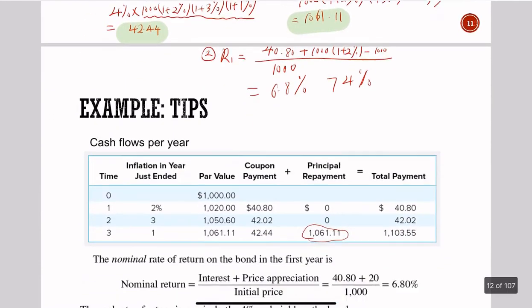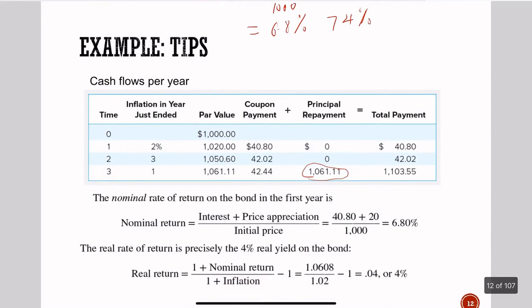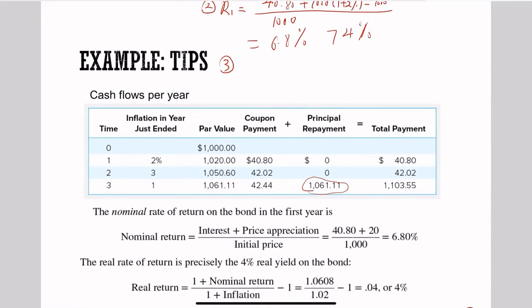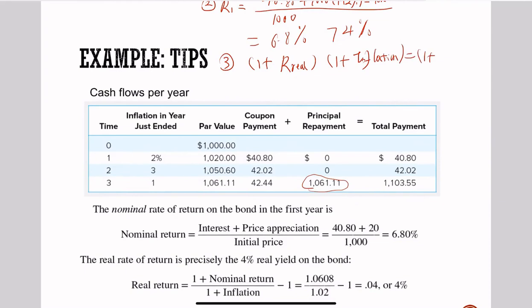So now let's think about how we could calculate the real rate of return. A simple formula for calculating real return is 1 plus real return times 1 plus inflation equals 1 plus nominal return.